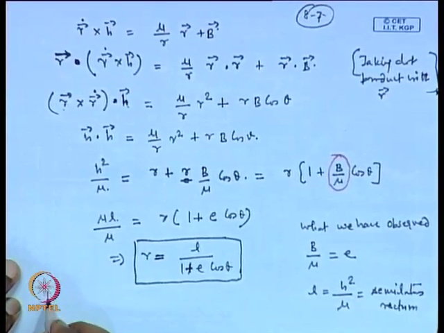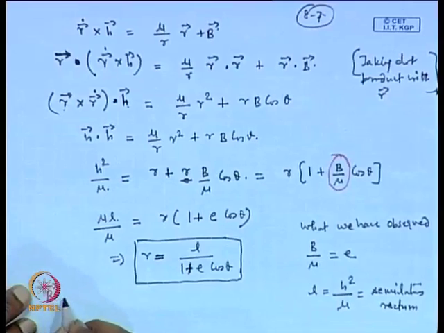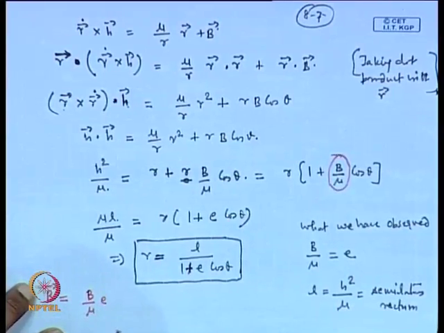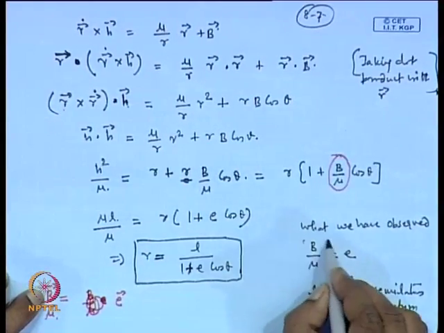Therefore, let us write b by mu as a vector; let us define it in this way. b by mu we have defined as e. So, if we write it like this, the magnitude of b by mu is nothing but E.